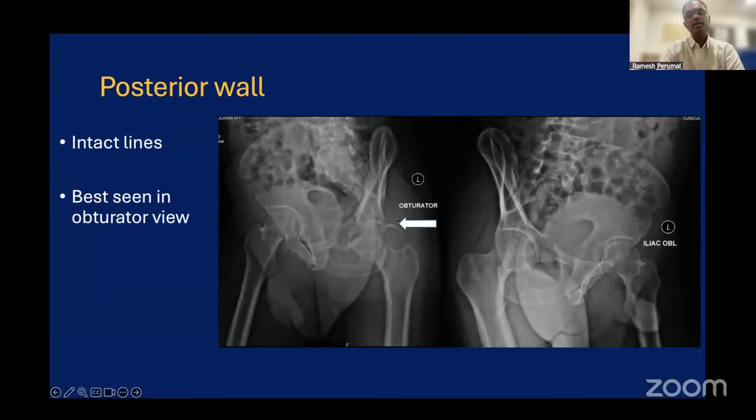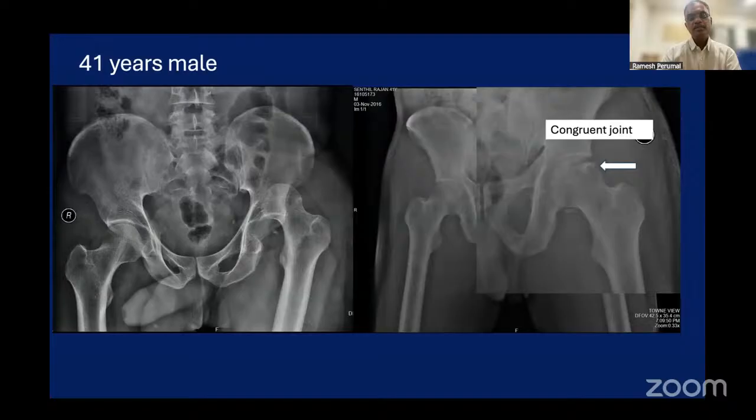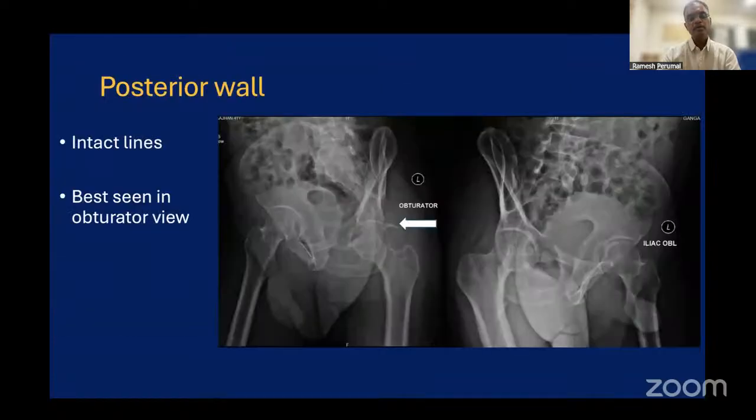So it is best seen in the obturator oblique view. The iliac oblique view is, of course, normal because the posterior column is intact and the anterior rim is also intact. So in a case of posterior wall fractures, the major column lines are intact, but the posterior wall fragment is evident on the obturator oblique view. When you go back to the previous film, you can see a doubtful fragment on the posterolateral part of the hip, and when you take the obturator oblique view, the posterior wall is very well seen.